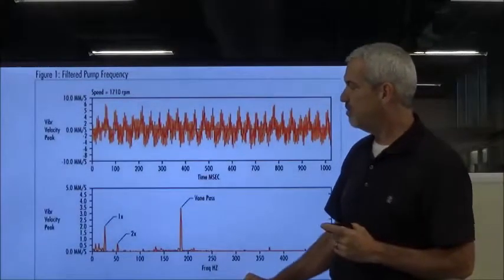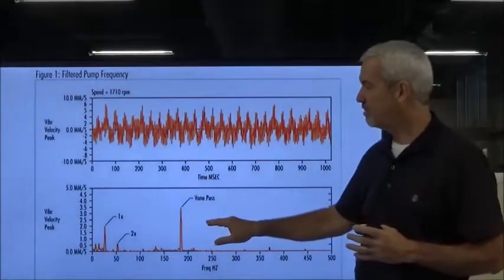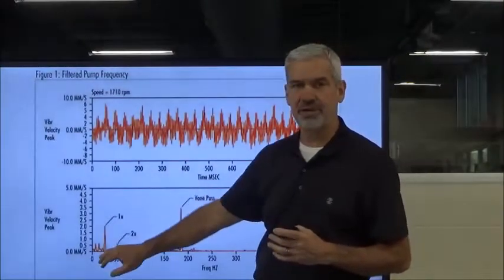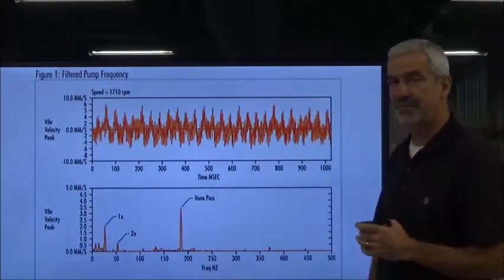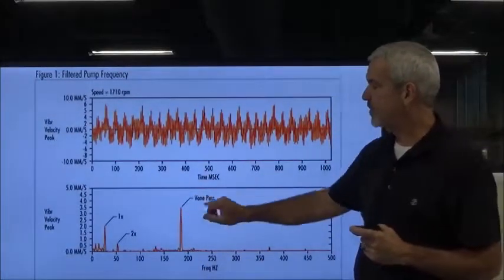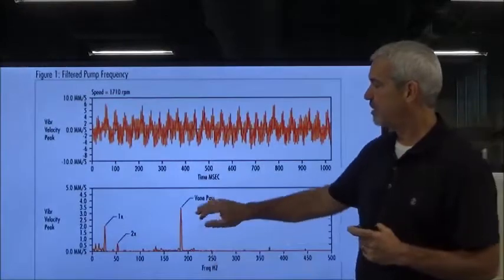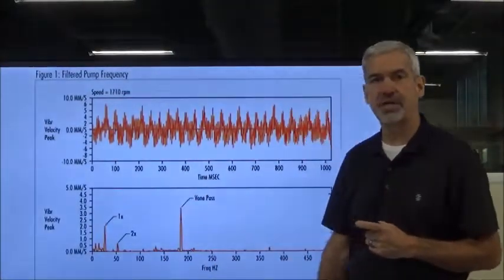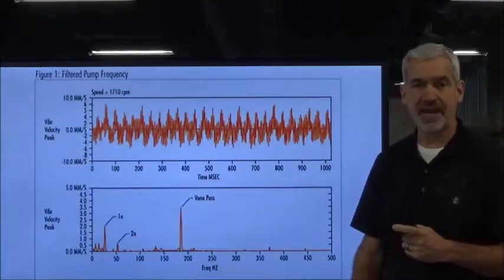Most likely what's going on here is, as we have talked about before, every vibration is a derivative of its driven force, the driven RPM. So the number of vanes times the running speed gives us a vane pass frequency.